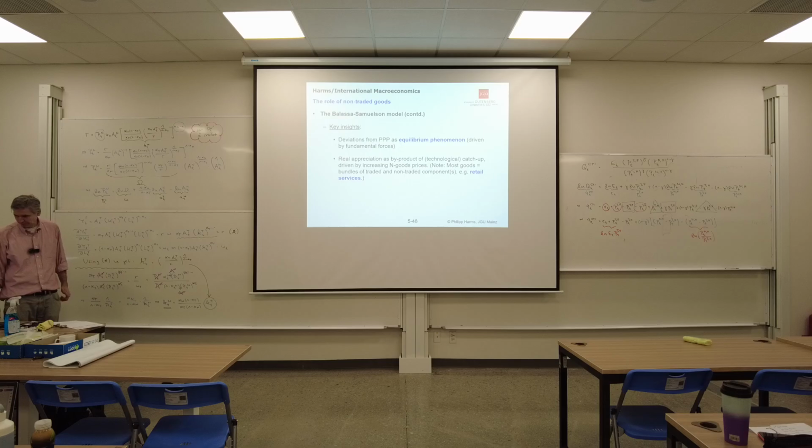purchasing power parity. So the real appreciation is a byproduct of technological catch-up driven by increasing N goods prices. And here I say again, most goods are bundles of traded and non-traded components.